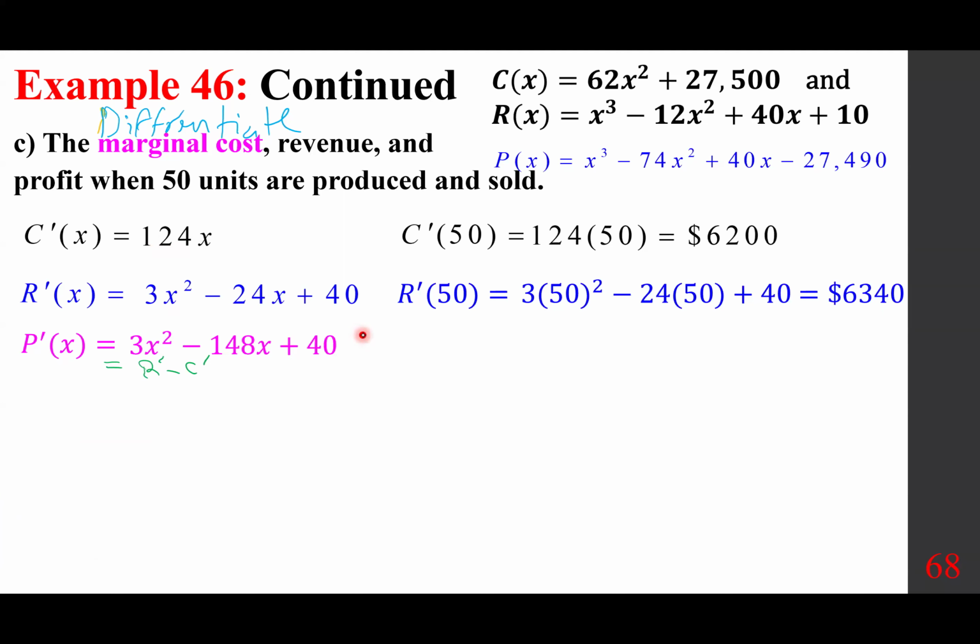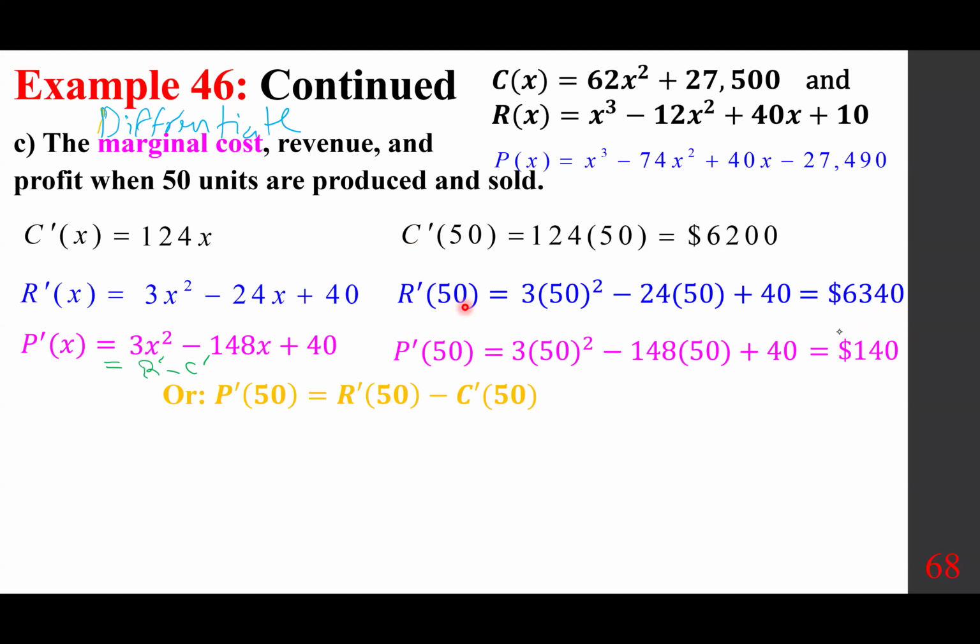And so plug in 50, which means 3 times 50 squared minus 148 times 50 plus 40, and put it into a calculator. Or, of course, look at this one. You already have these two numbers, R prime of 50 and C prime of 50. So R prime of 50 minus C prime of 50. So it clearly gives you the same number, 140.